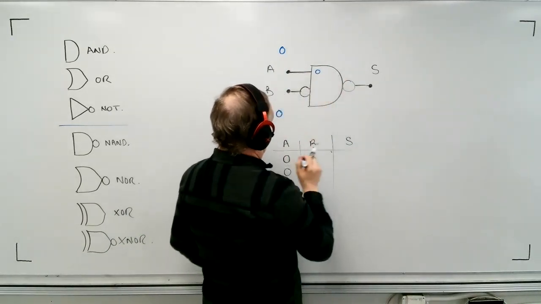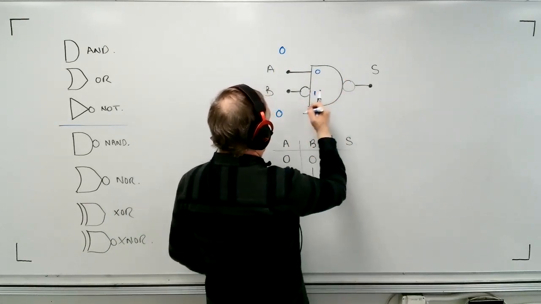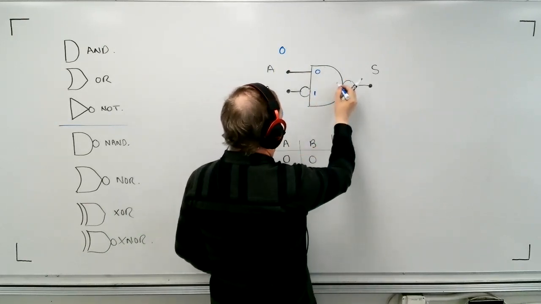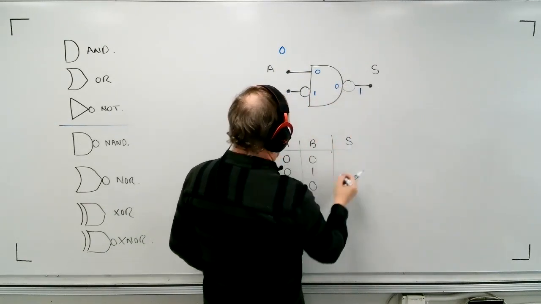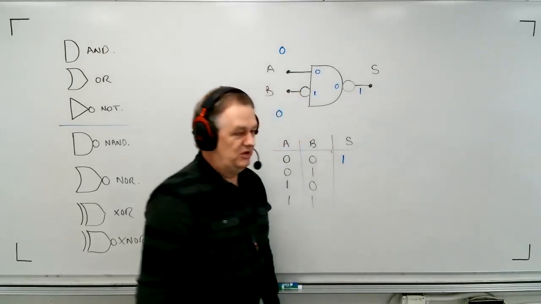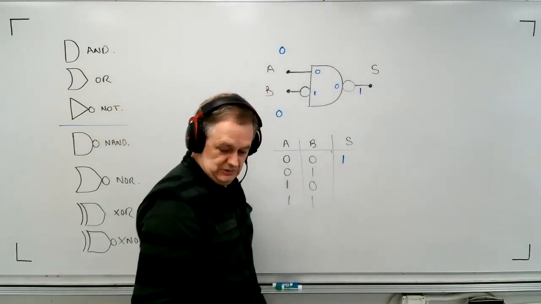That actually becomes a low. This 0 becomes a high. That means that the AND says, no, not good enough. And because of the invert on the end, it becomes a 1. So it says, yep, make the output high.